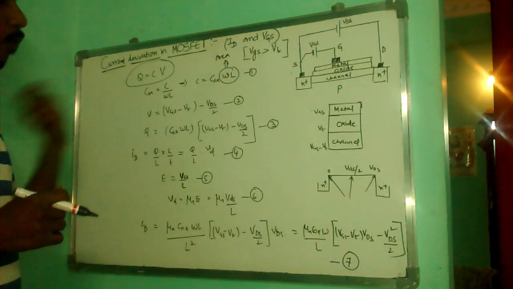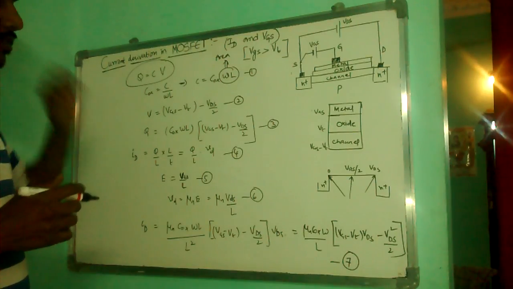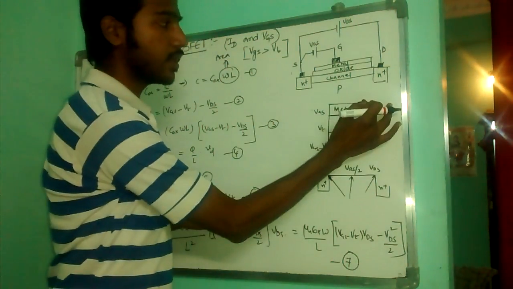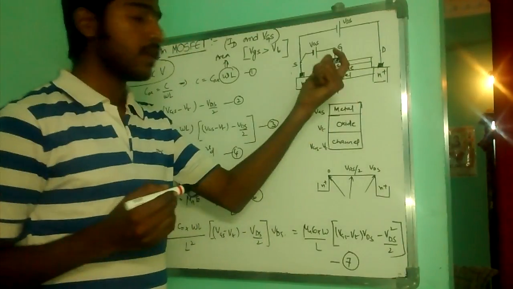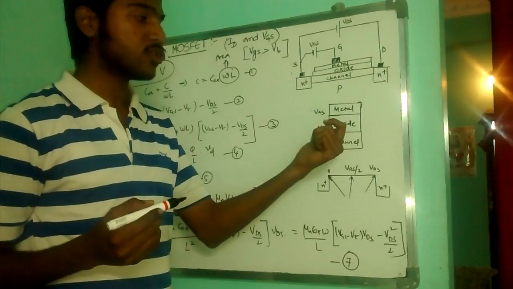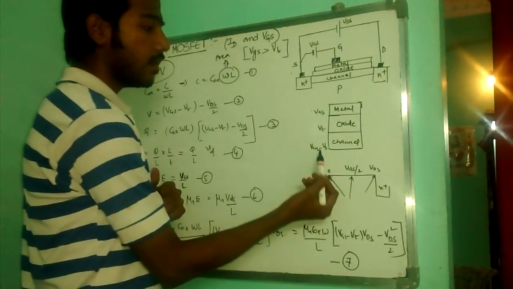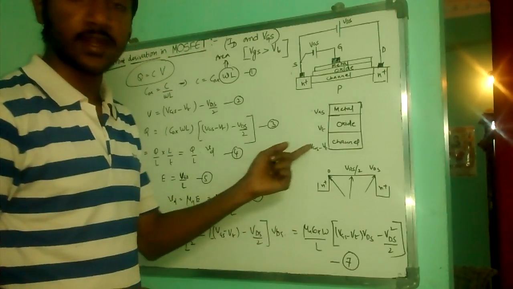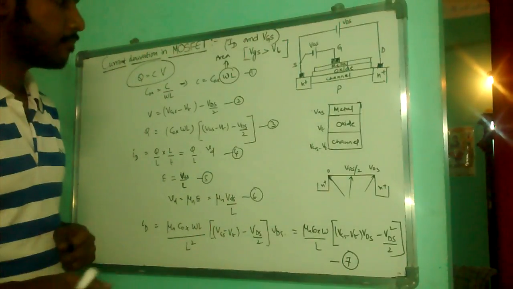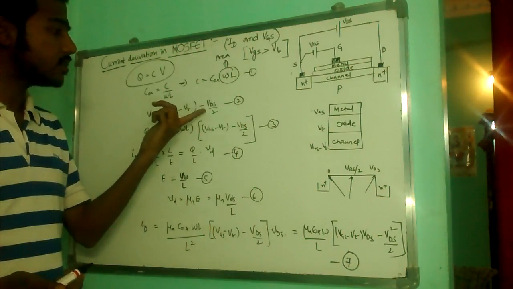Then coming to voltage: we got the capacitance value, now we require the voltage. The voltage drop across the metal is VGS, the voltage drop across the oxide is VT, the threshold voltage, and then the voltage across the channel will be VGS minus VT. Considering here VGS minus VT minus VDS by 2.